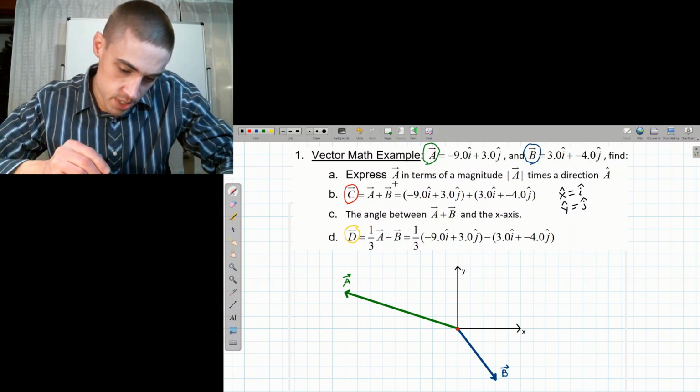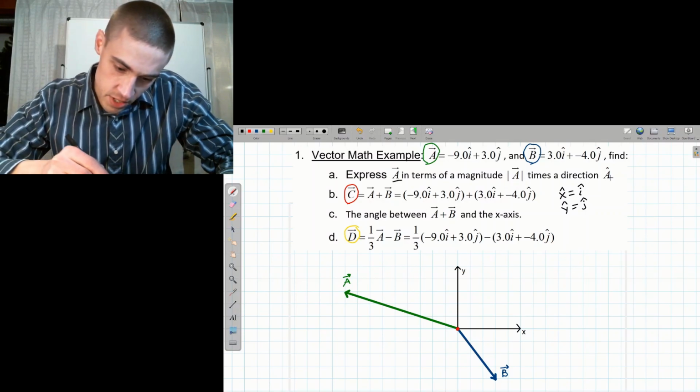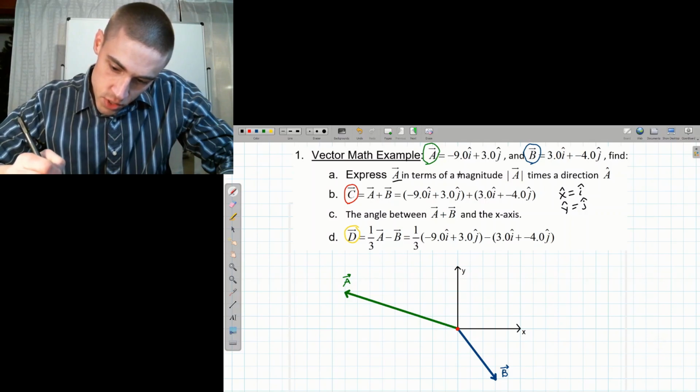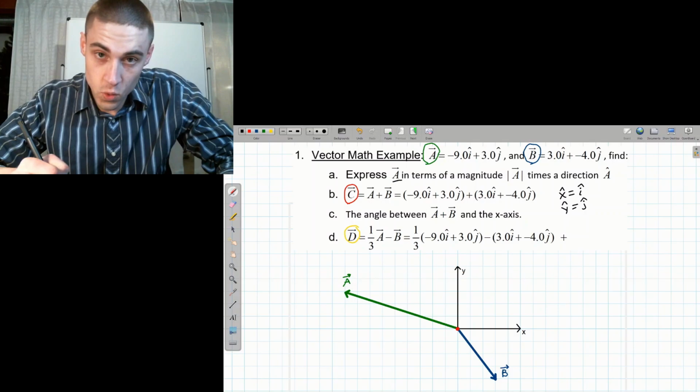It says express A in terms of its magnitude times its direction. We have a vector A here. To get the magnitude, you just take the square root of the sum of the square of each of the components.